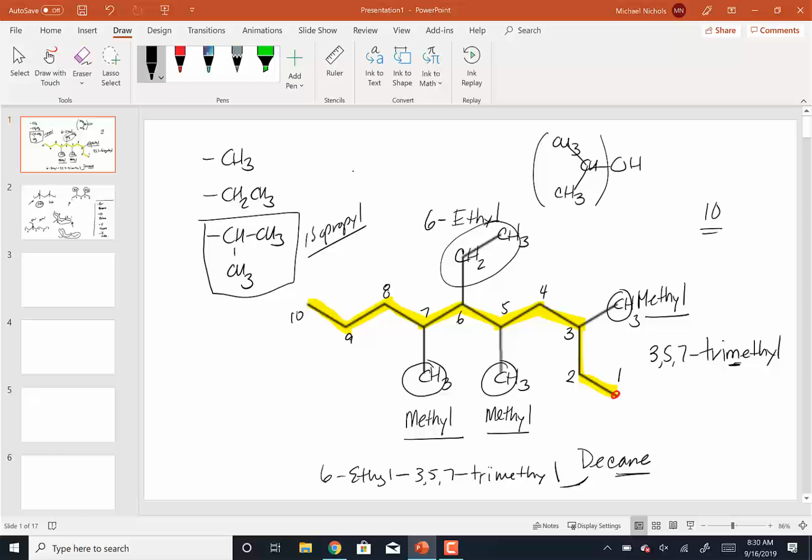But for the IUPAC name, you would find the longest continuous carbon chain, which is 3. So this would be a propan- with this being an -ol, and the OH is attached at 2. So when we get to that, I'll point out that oftentimes you'll see the common name of the alcohol being the group plus the word alcohol, but the true IUPAC name should be 2-propanol.